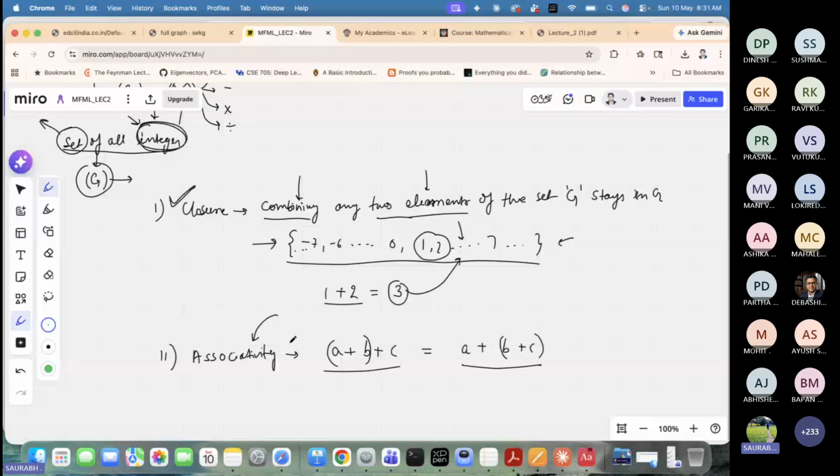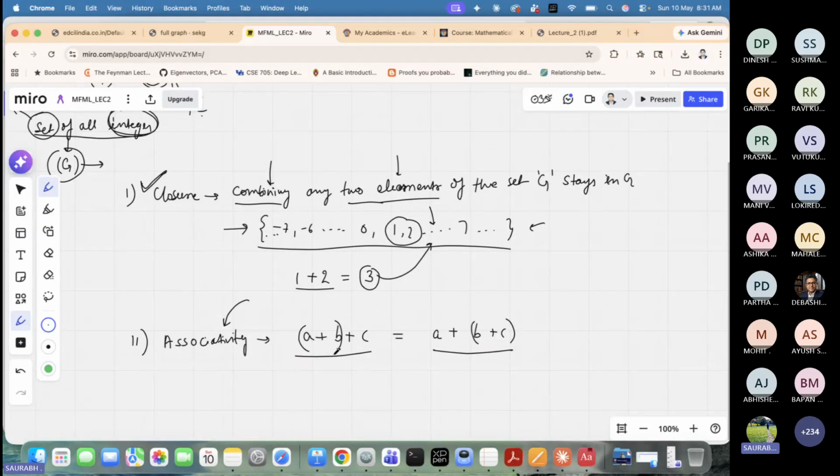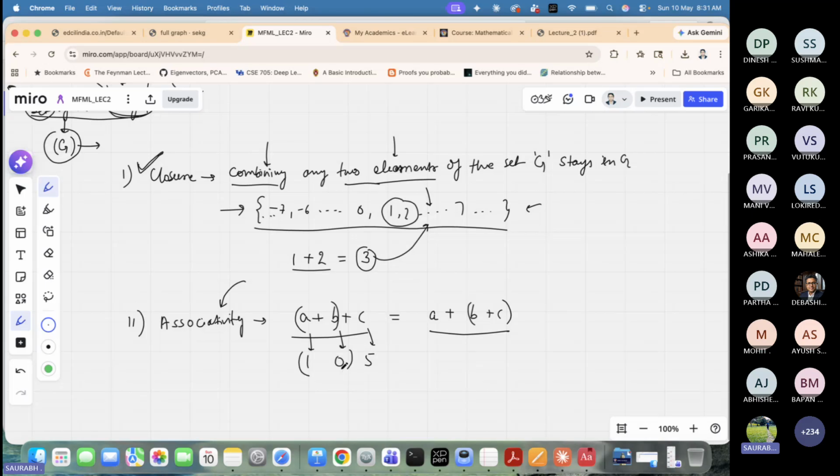Now, let's say I have three different numbers from the set of integers: 1, 0, and 5. This is A, this is 0, and this is 5. If I add 1 plus 0 and then add 5 to it, the output is 6. If I first combine 0 and 5, the output still is 6. So associativity basically tells you grouping doesn't matter.